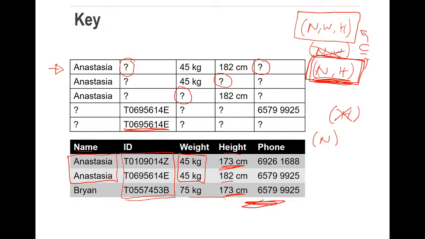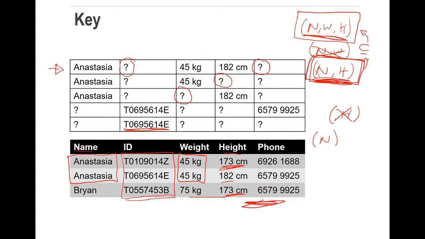So this is where the two types of questions are more apparent. One is the notion of enforcement, and the other one is the notion of inference. What we have done so far is to infer what are the possible keys. We know that this is not a key because it is not minimal.